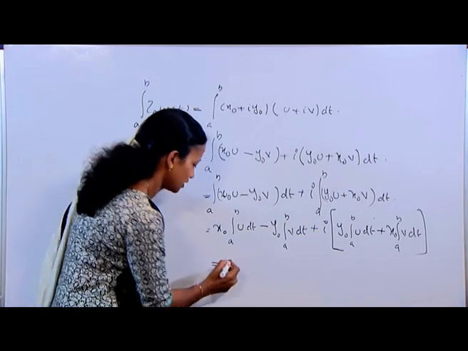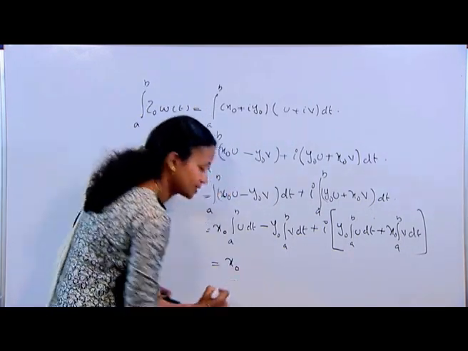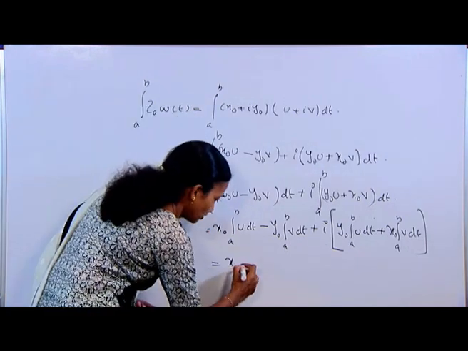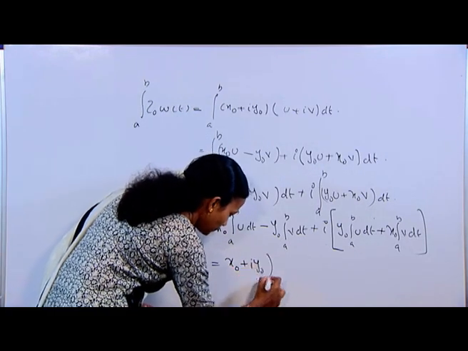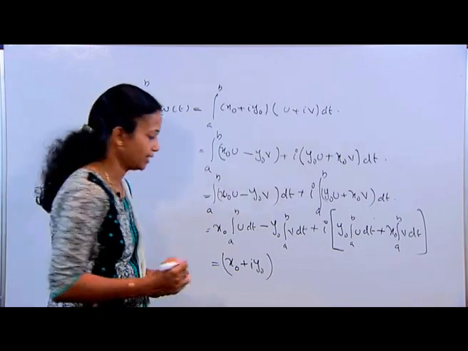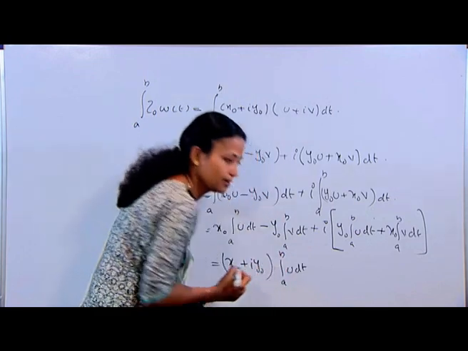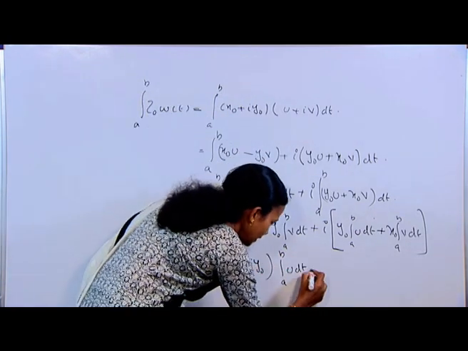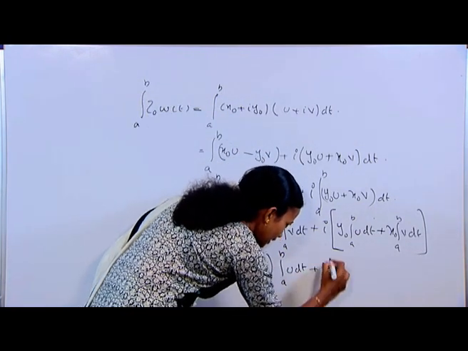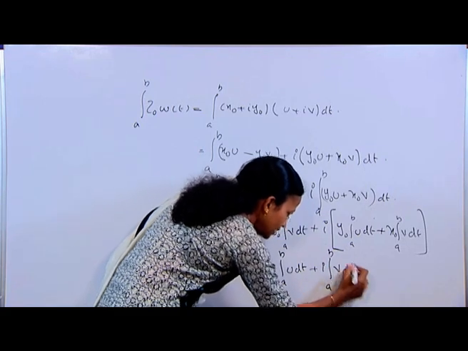This on simplification we get it as x naught plus i y naught into integral a to b u dt plus i into integral a to b v dt.